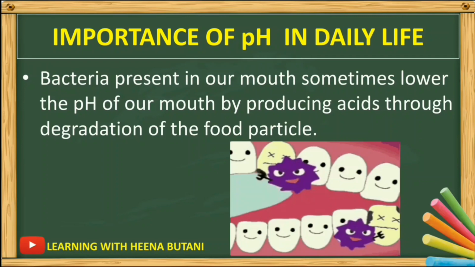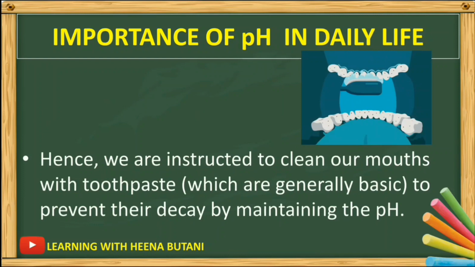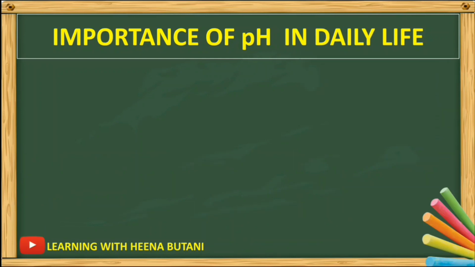So to prevent tooth decay, what should we do? We are instructed to clean our mouth with toothpaste. What is the nature of toothpaste? It is generally basic in nature. So it will neutralize the acid present in our mouth and prevent decay by maintaining the pH.